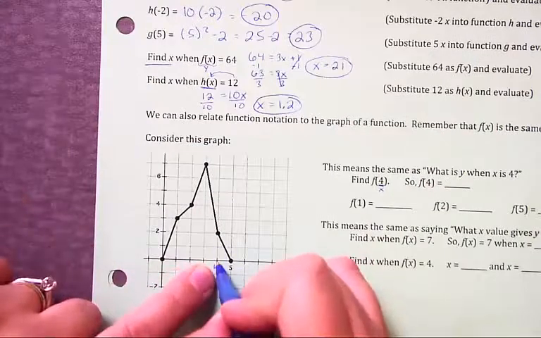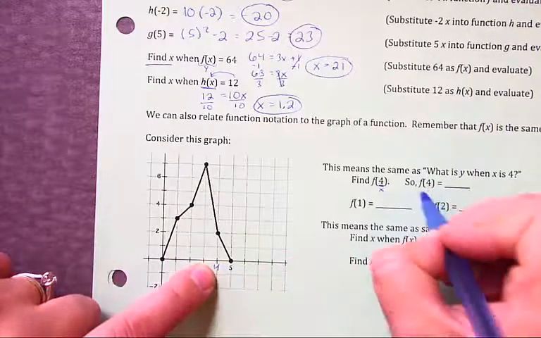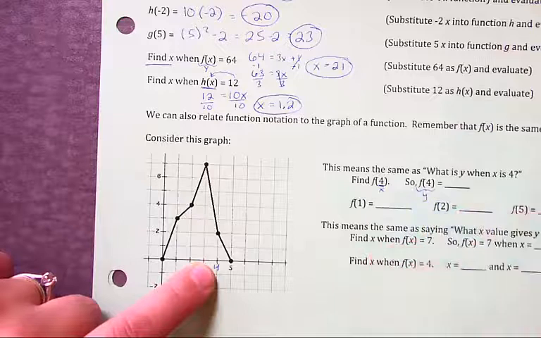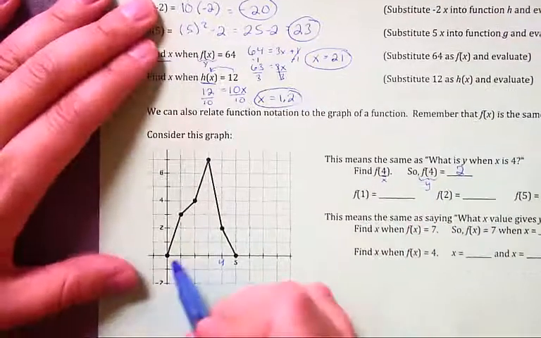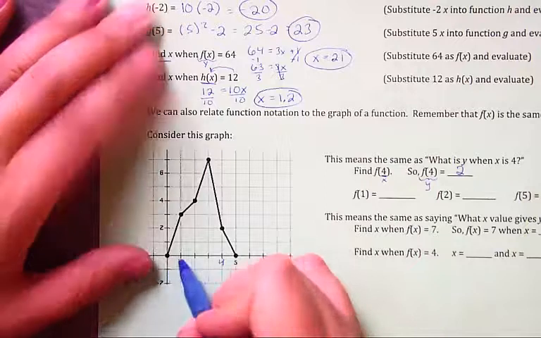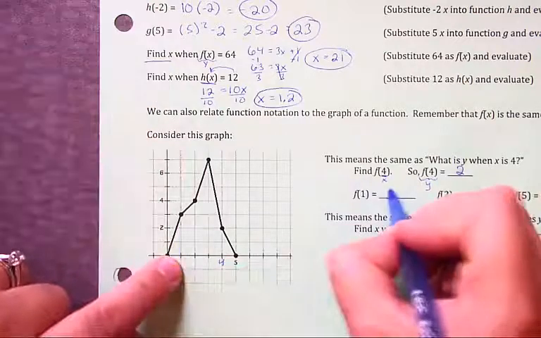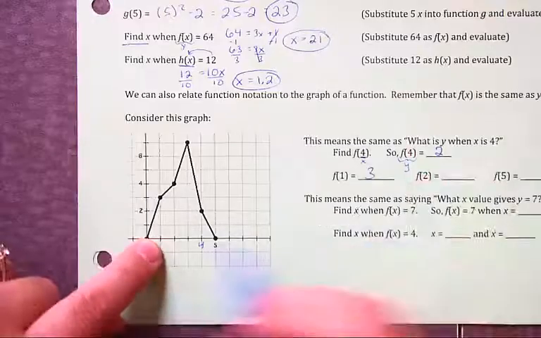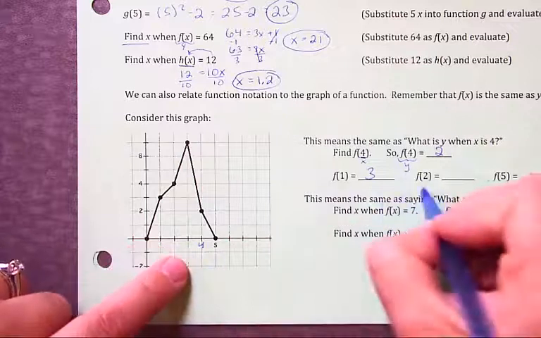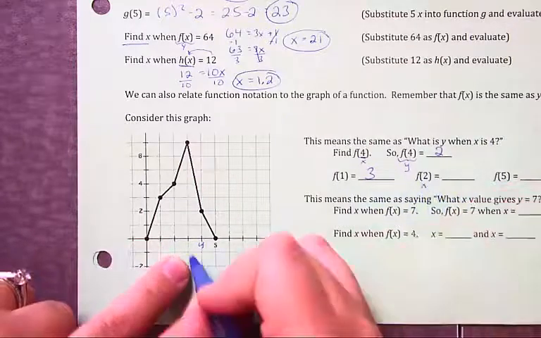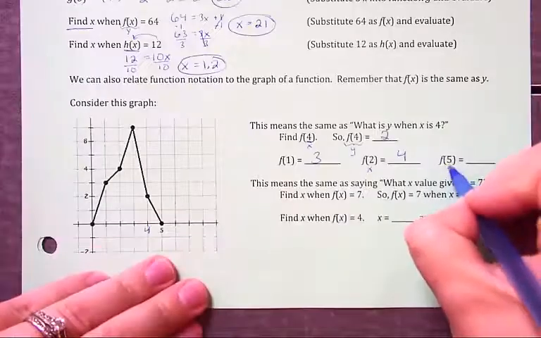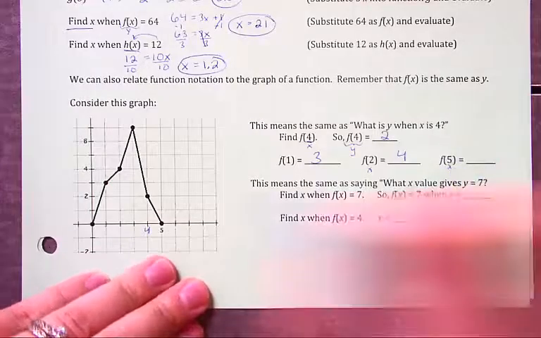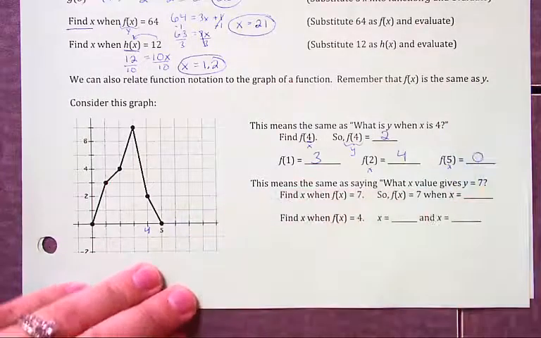And when x is 4, y is 2. When x is 1, y is 3. When x is 2, y is 4. And when x is 5, y is 0.